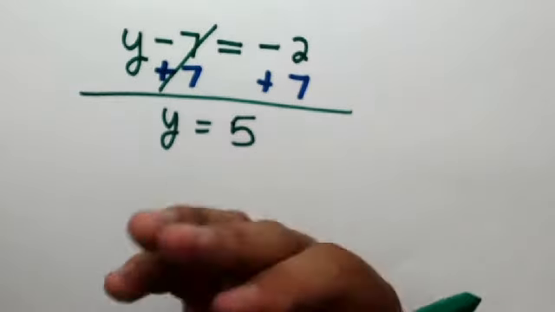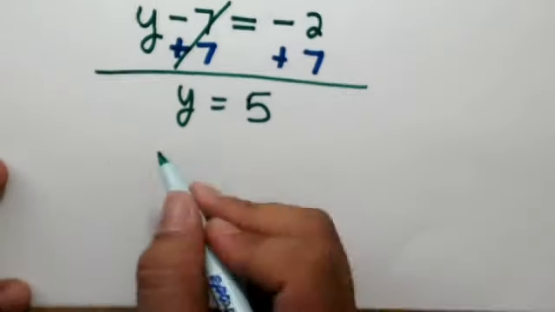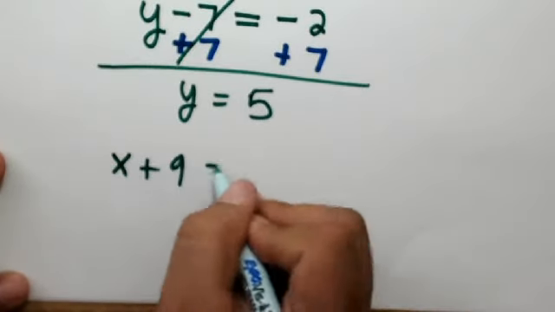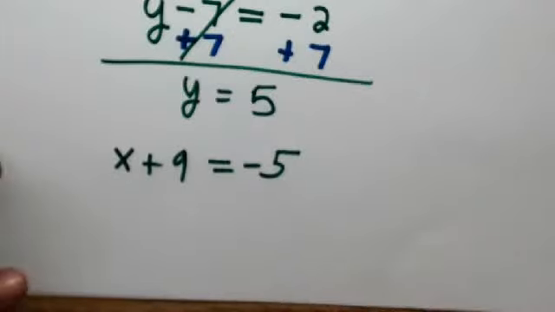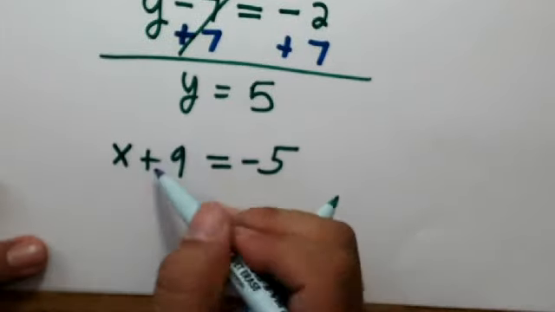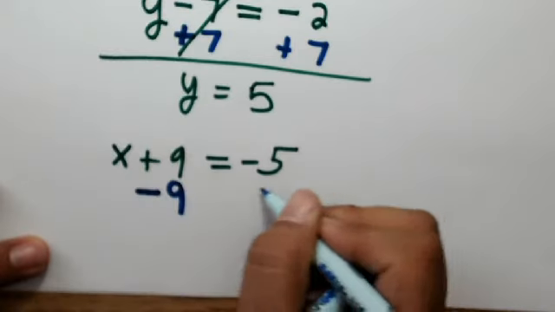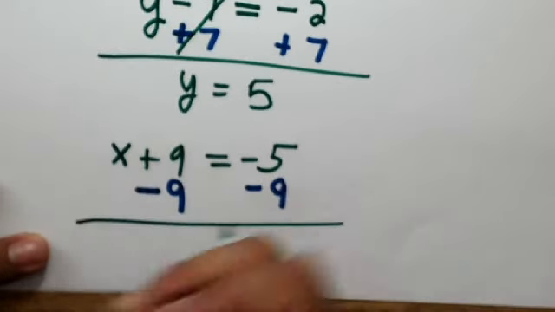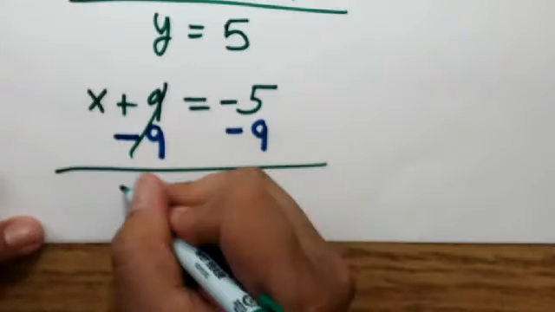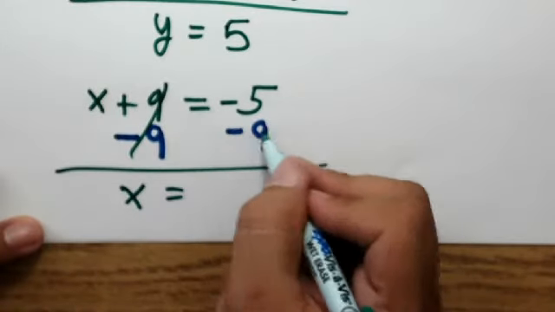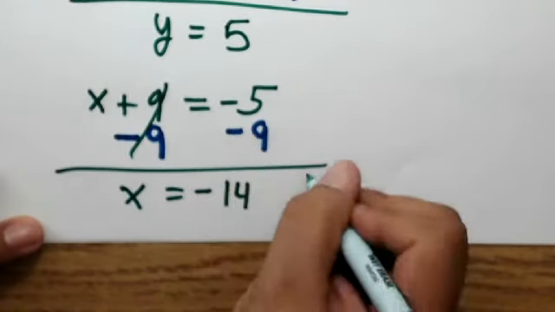For example, let me give you the next one, x plus 9 equals negative 5. Since we're adding 9 to the x, the opposite of adding 9 to the x would be subtract 9. Now, we have x equals negative 5 minus 9, that would be negative 14.